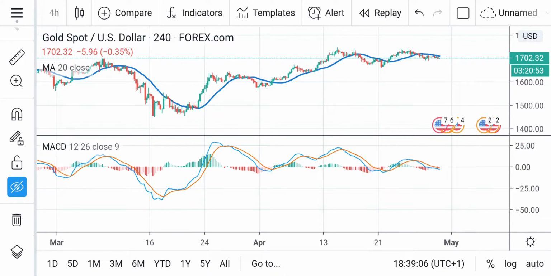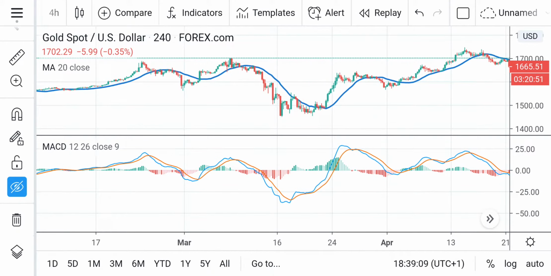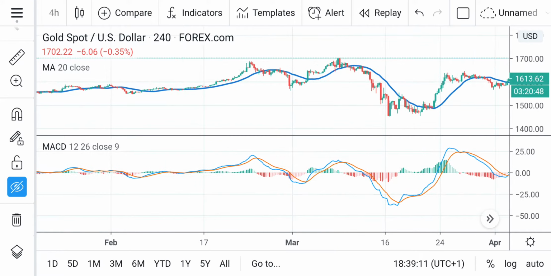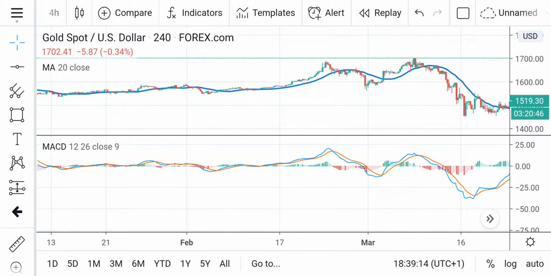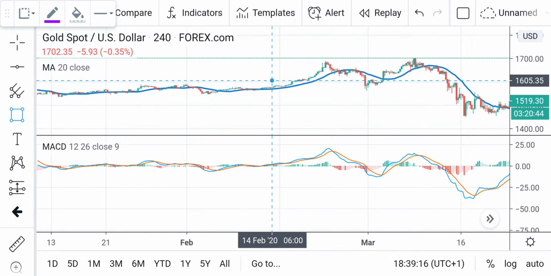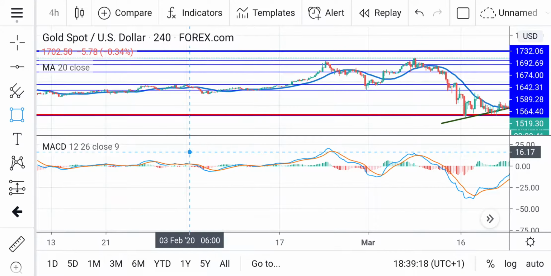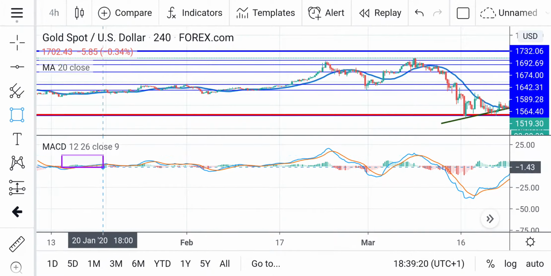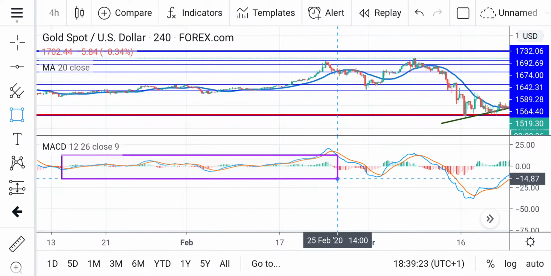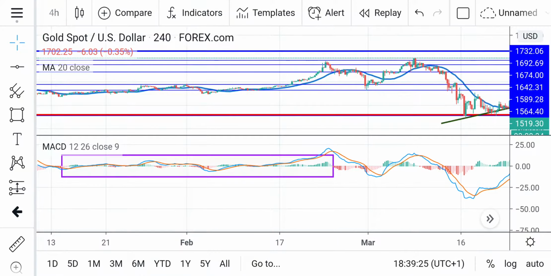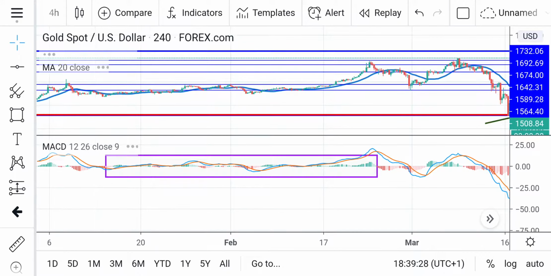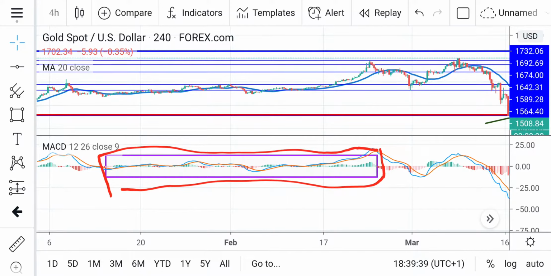But if the market is not volatile, the volatility has contracted, like over here, let me draw it. Like over here, you can see that the volatility has contracted, because if you look at the MACD indicator, you will notice that you can hardly see the histograms, that's the red and green bars.